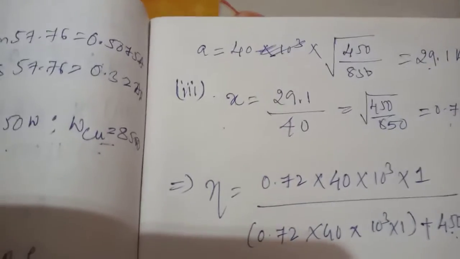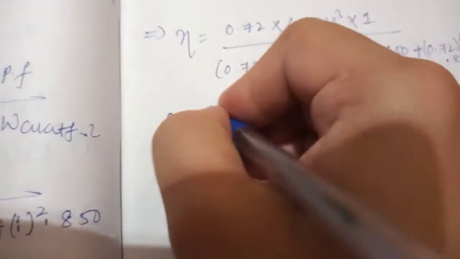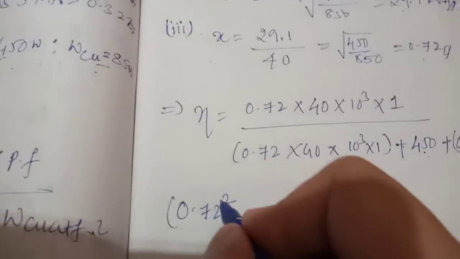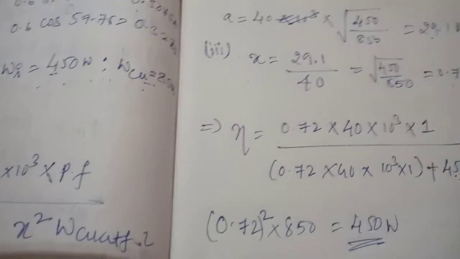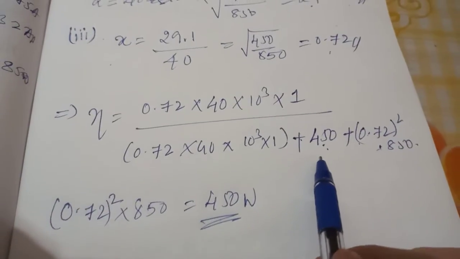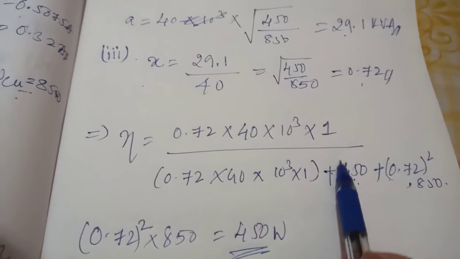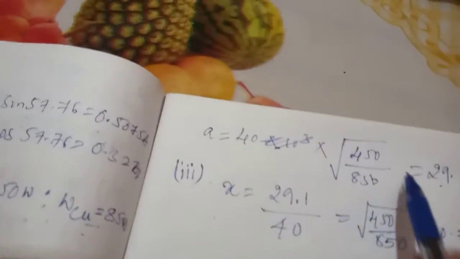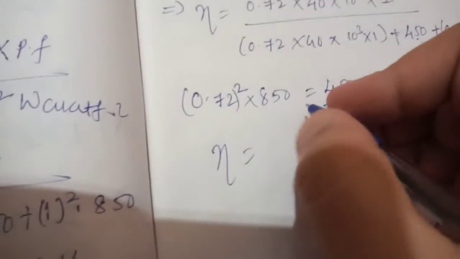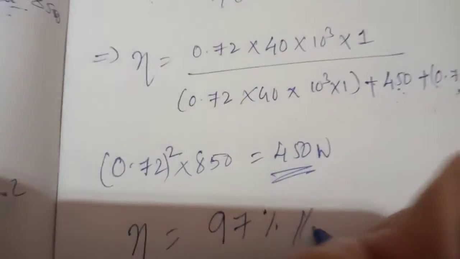Why? Because efficiency is maximum when the iron loss is equal to the copper loss. That is what I am calculating. It comes around 97%. This completes the fourth problem.